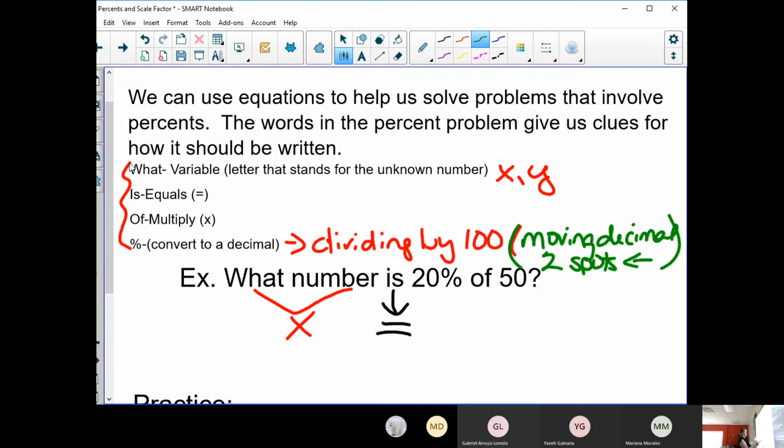20%, we have to convert to a decimal. So I'm going to take 20 divided by 100. And when I do that, I'm going to move this decimal that we never write at the end of a whole number and move it 2 places left. So 20 over 100 is the same as 0.20. Of tells me we're going to multiply.